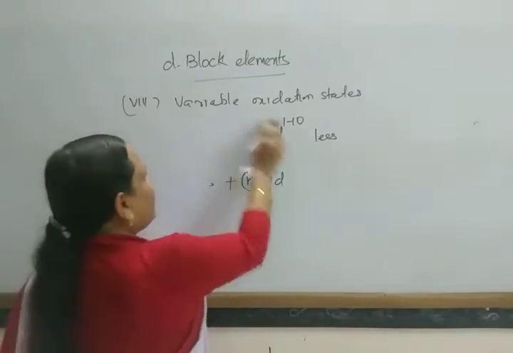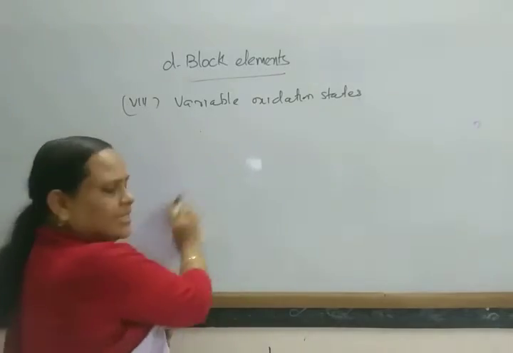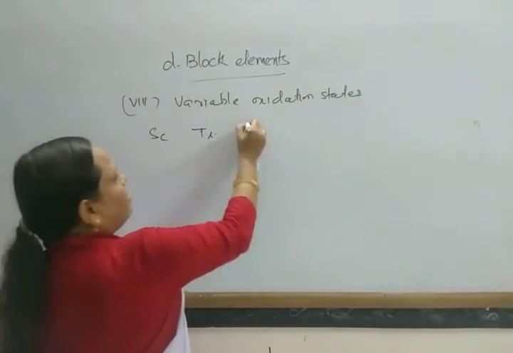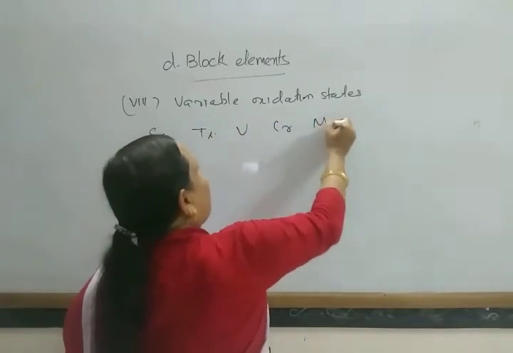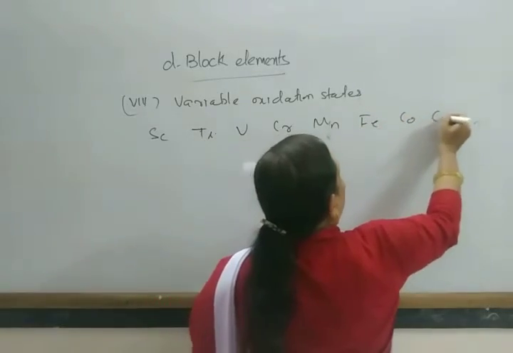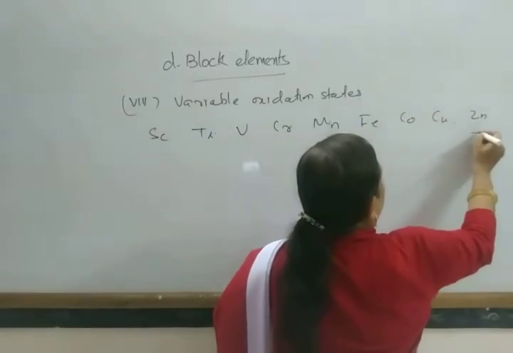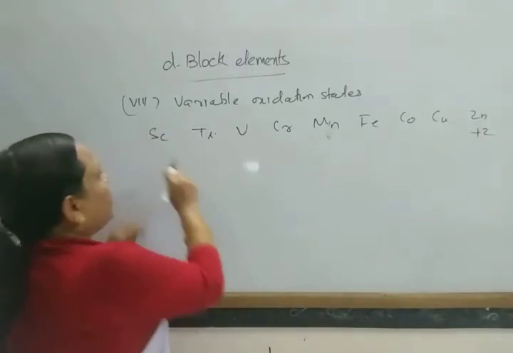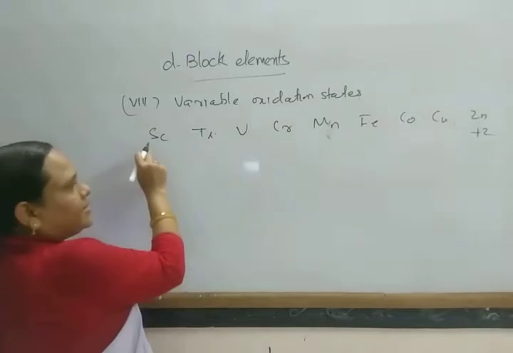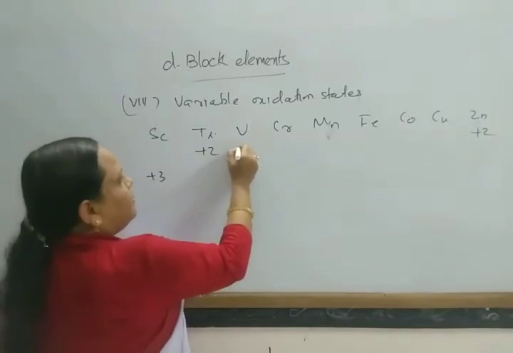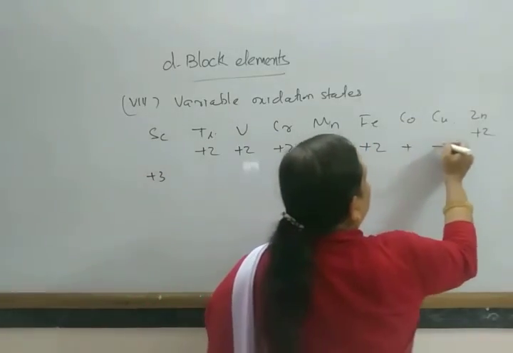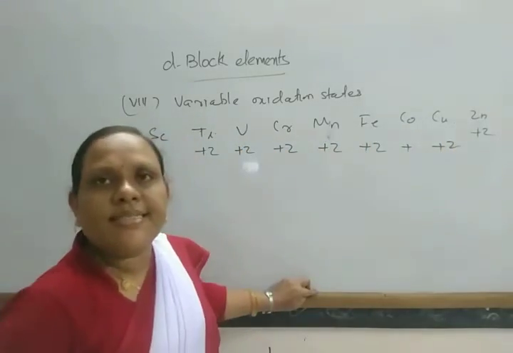For example, if we consider the 3d series, that is scandium, titanium, vanadium, chromium, manganese, iron, cobalt, copper and zinc. Except scandium, all exhibit the oxidation state of +2 due to participation of ns electrons.